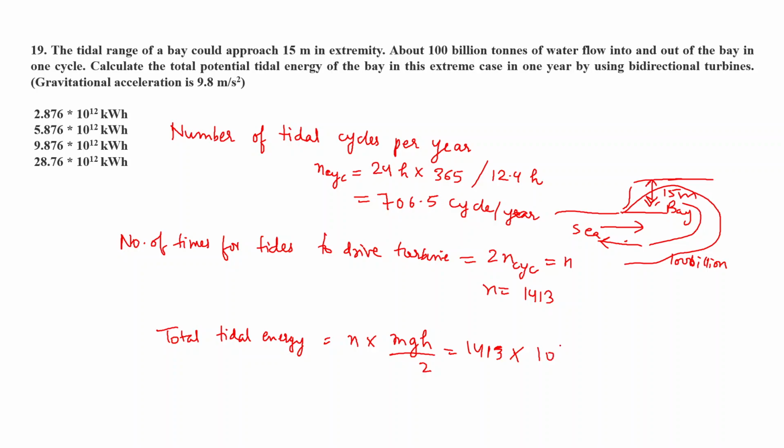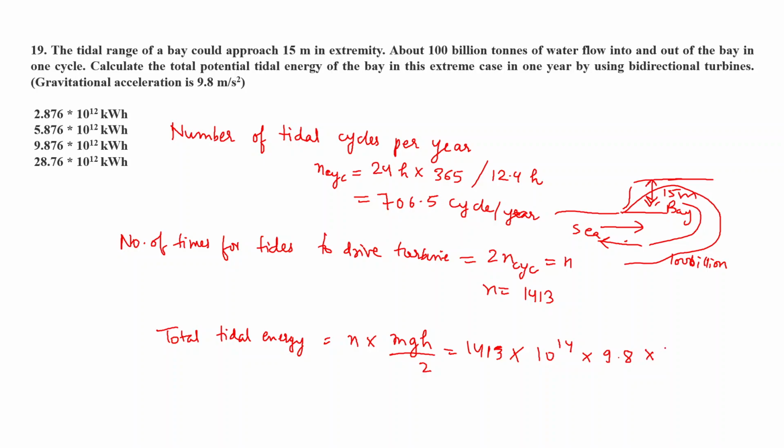100 billion, that is 100 into 10 to the power 12 kg, so it is 10 to the power 14 kgs.